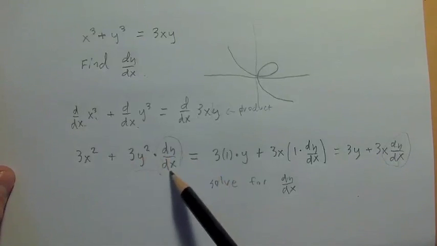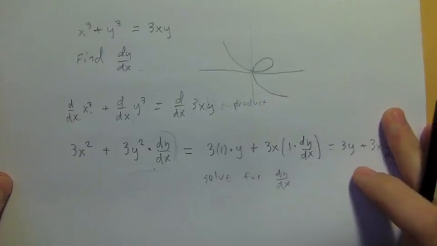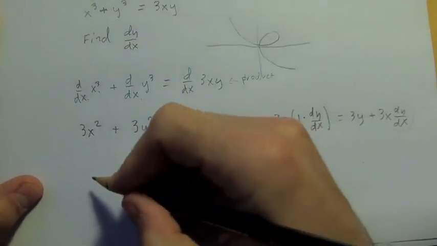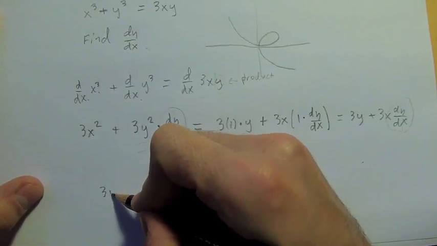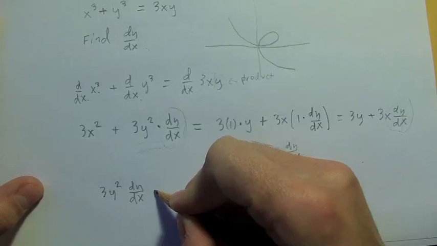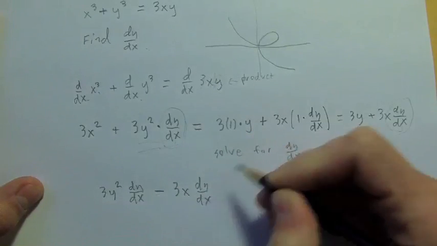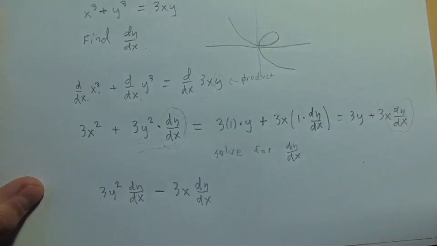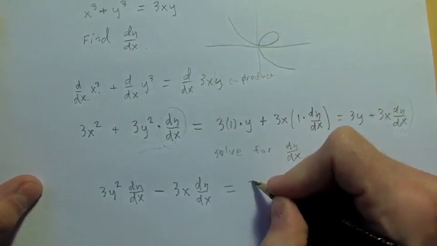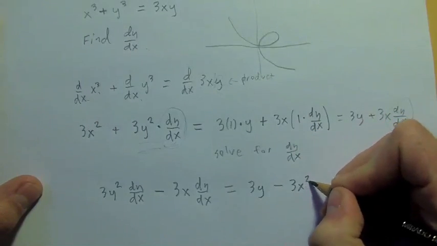So I'm going to move all my dy dx's to this side and move everything else to the other. Okay, so I'm going to get 3y squared dy over dx minus 3x dy over dx when I move that 3x dy dx over. And then I'll move that, I already have a 3y on this side, but I'll move that 3x squared over to this side.